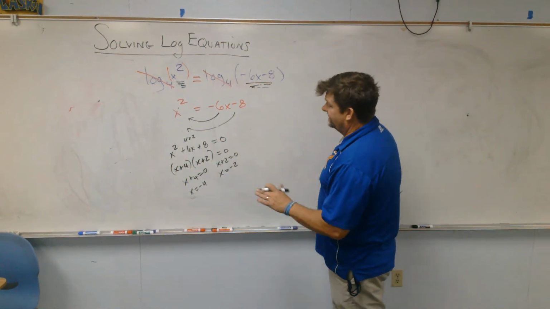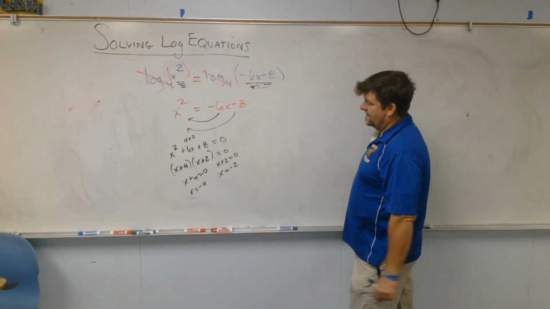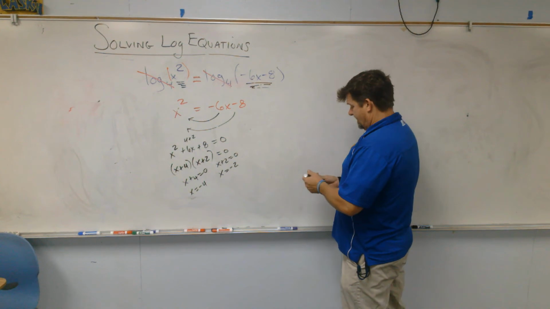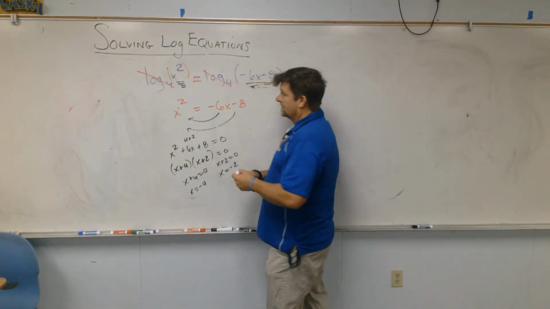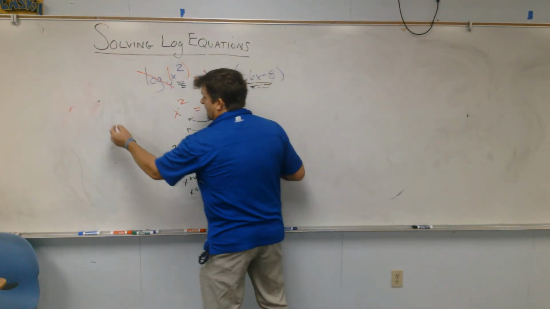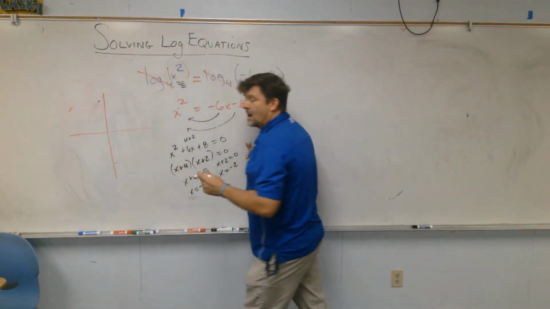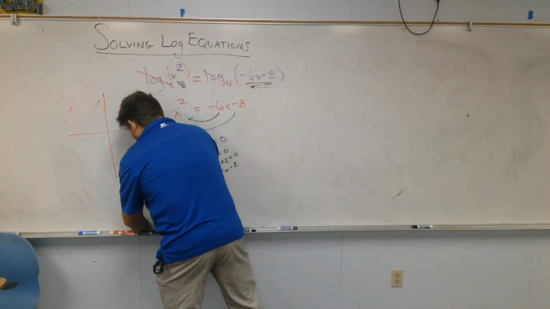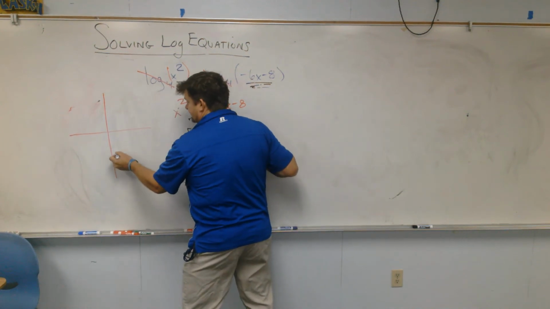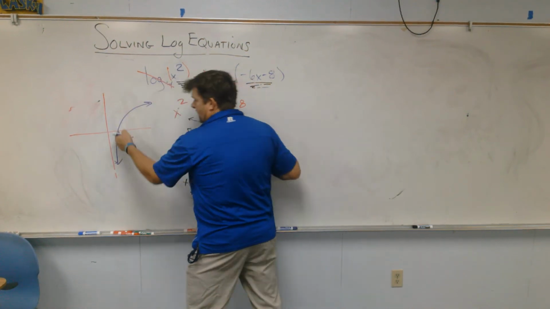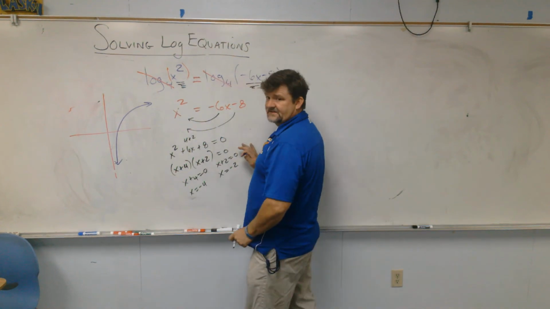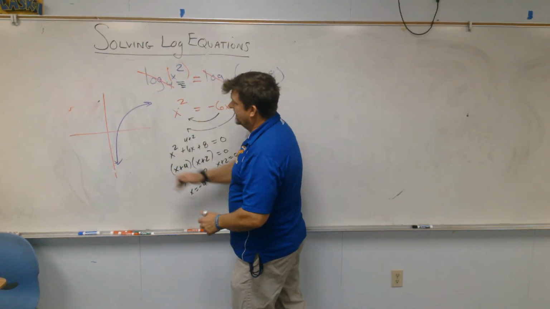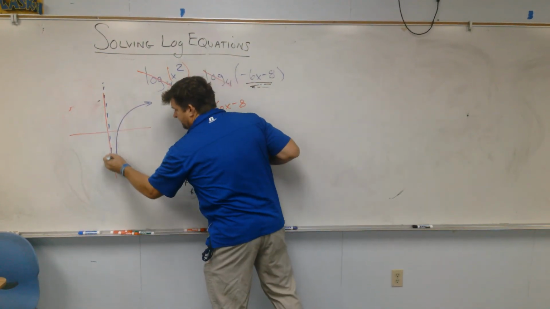Again, I don't know where you guys have been, so I'm trying to cover all the bases that they may throw at you. Here's the reason why. Let's just talk real quick about a basic logarithmic equation. A basic logarithmic equation has a graph that looks like this, right? 1 and 0, 1 in the base, and I have this dotted line.